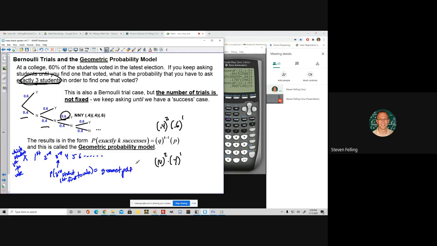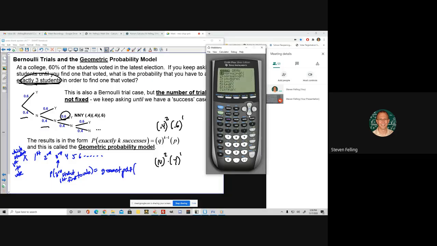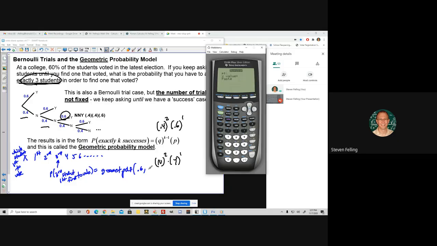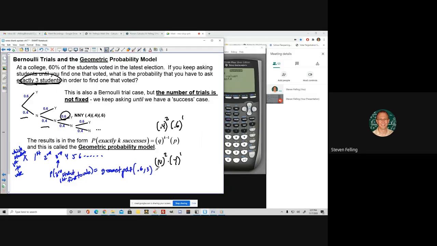Now, what we have to enter for that is a little different. If you go second variables and scroll up, you'll wrap around to the bottom. We only have to enter 2 things. We have to enter the probability of voting and then the value, because there is no end value, so we just enter which number we're interested in.